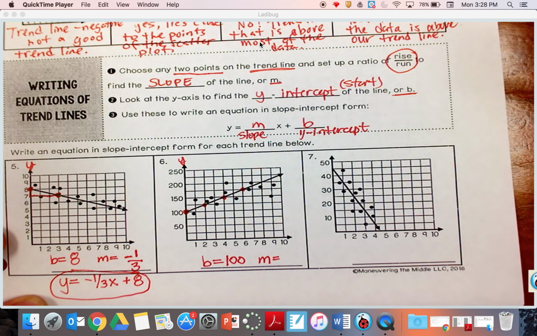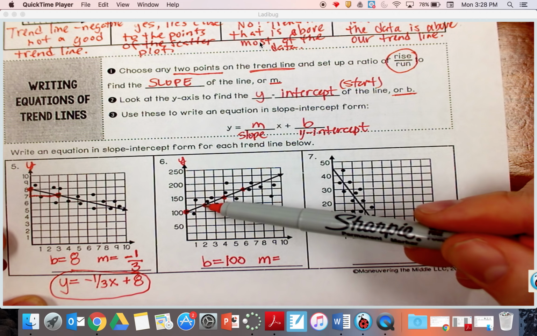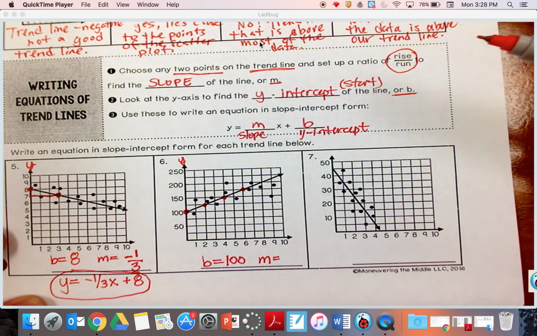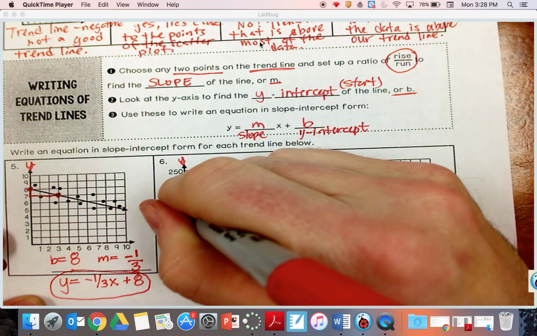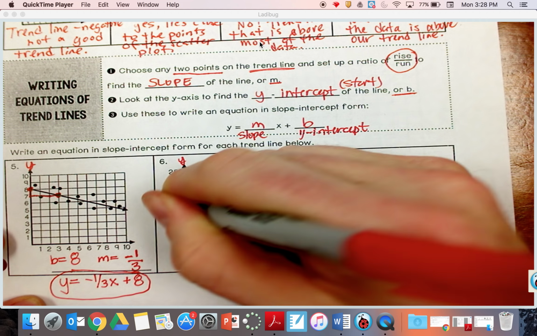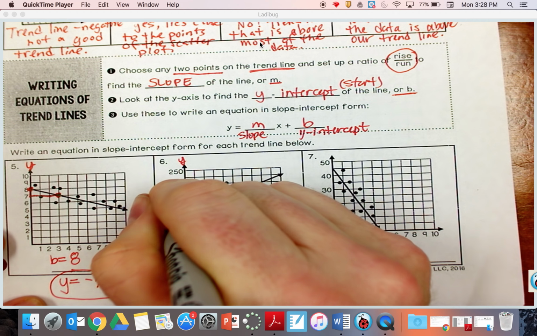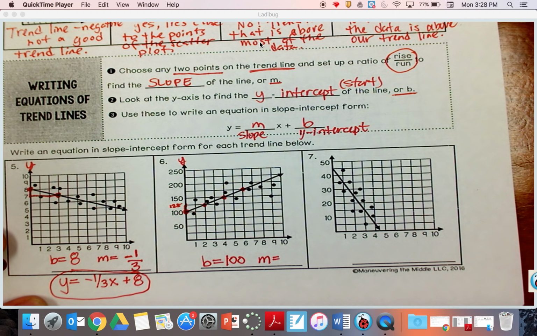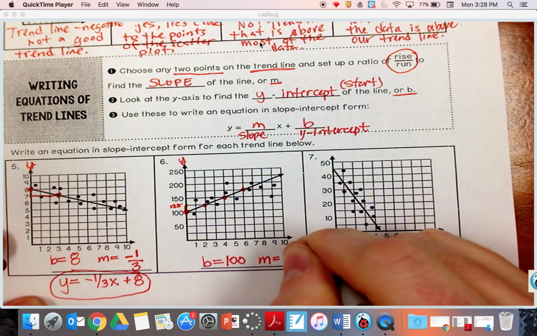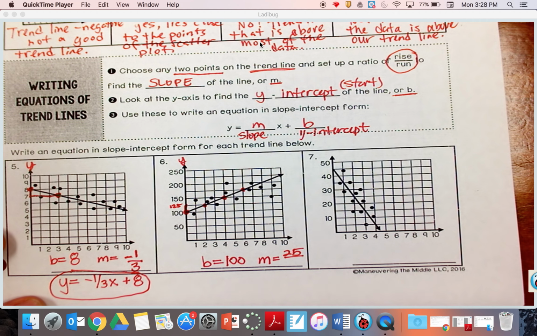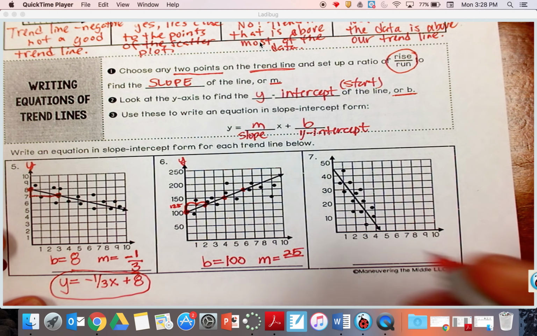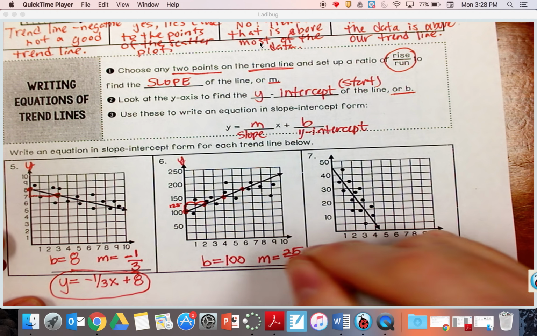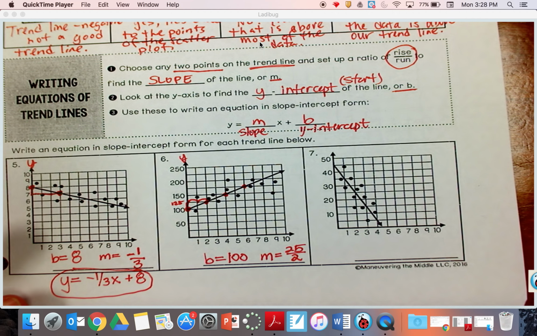So now, all I want to do is just use any one of these 2 dots to figure out what my rise and run are. So if I start here, remember it's positive, so I need to go up, and I went from 100 to 125. So I went up from 100 to 125, so that's a rise of 25. And I had a run of 1, 2, so I ran 2, so I have a denominator of 2.